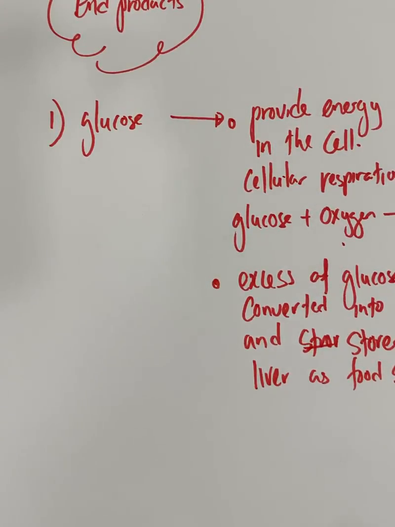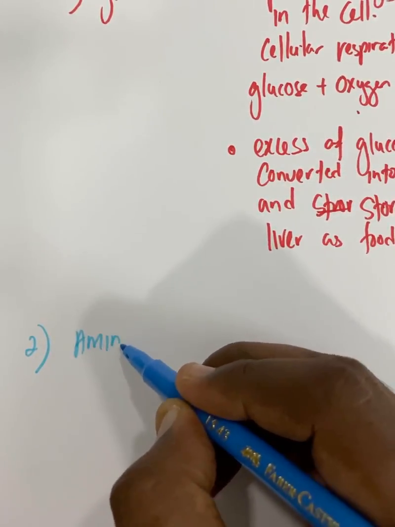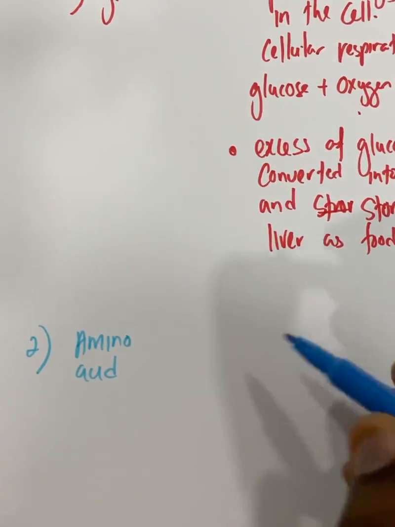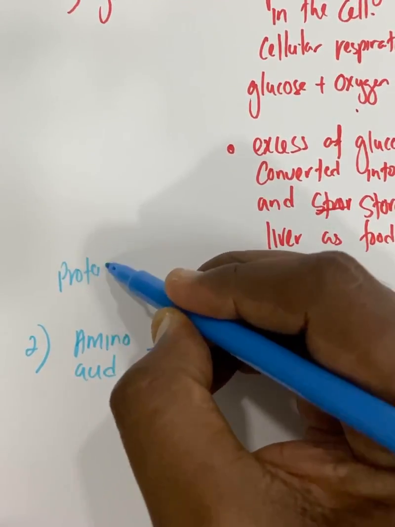Second will be amino acid. We check what the function of amino acid is. Amino acid is obtained from protein.